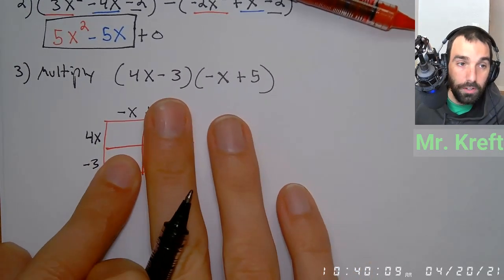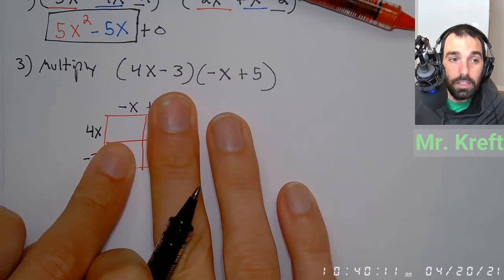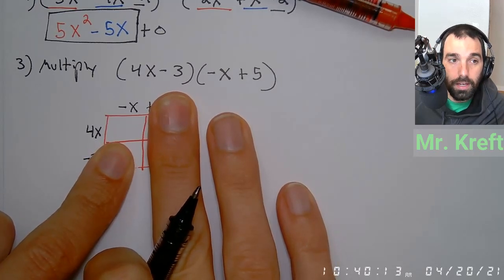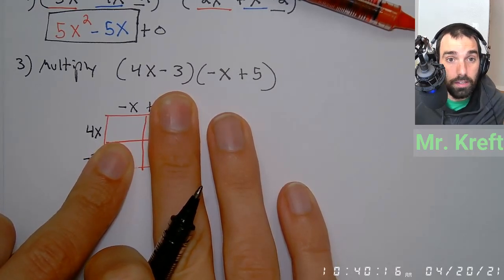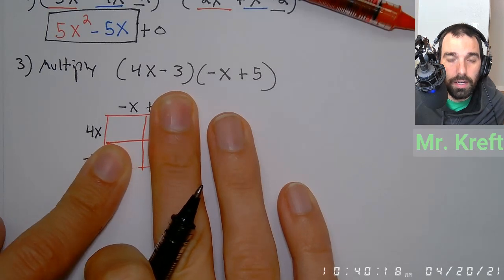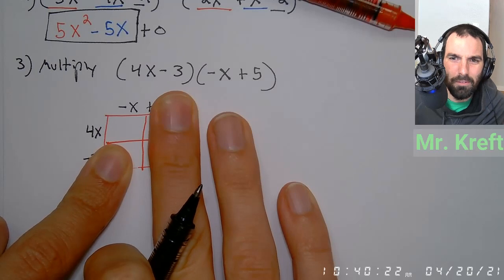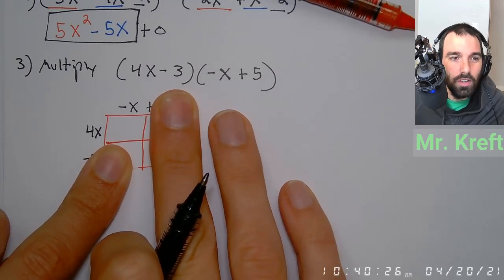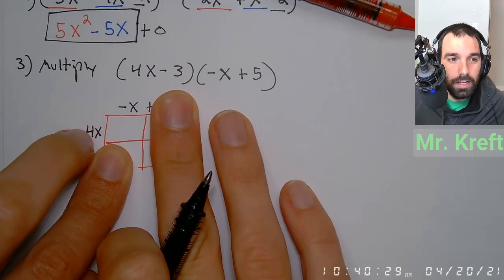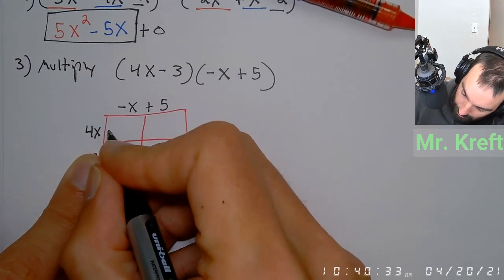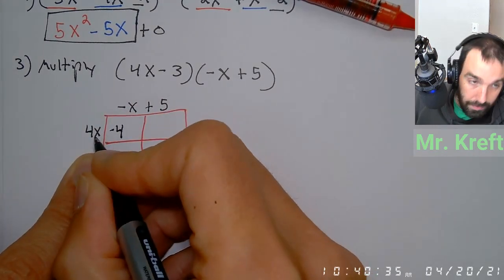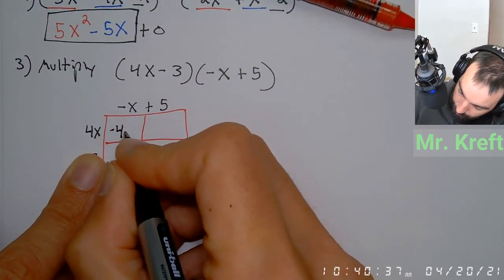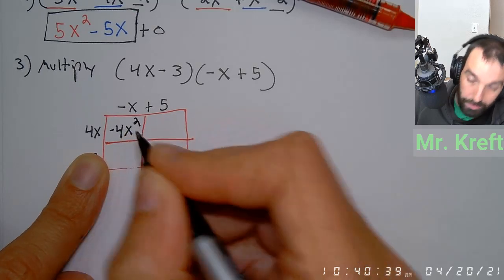Now notice how we have these 4 smaller areas, right? So what we're going to do is find the area of each small box. And we're going to do that just like we would a multiplication square or, in biology, you do this with genetics, right? What do you call those, Punnett squares? So in this case, we have 4x times negative x. The 4 times the negative will make it negative 4, and then x times x makes x squared.